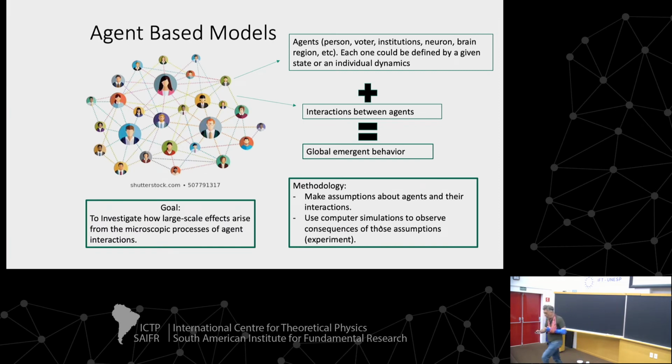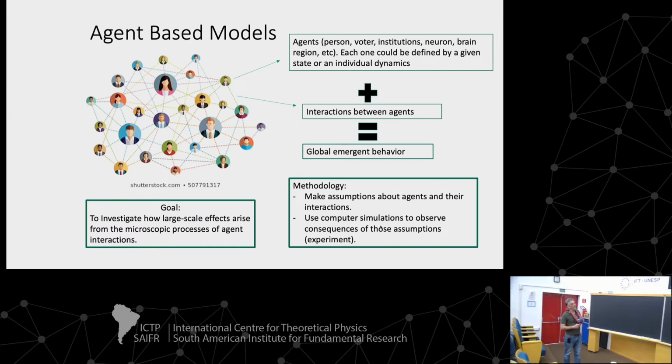When we build an agent-based model, basically our basic units are agents. These agents can be persons, voters, institutions, neurons, regions, etc. Each one of them will be defined by a state of a given dynamics.